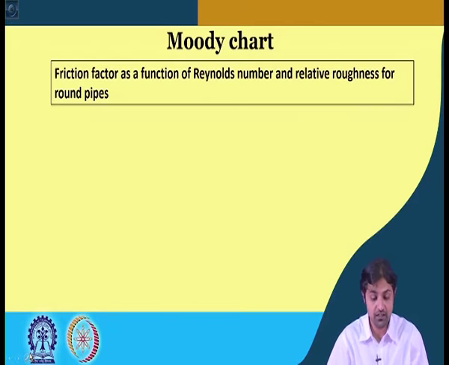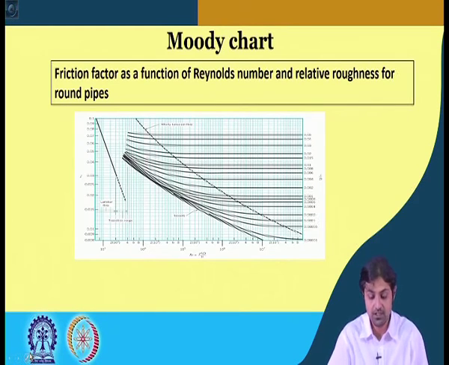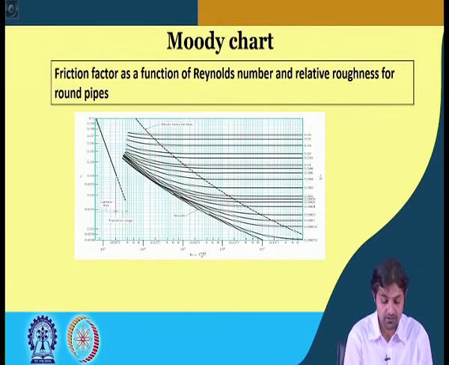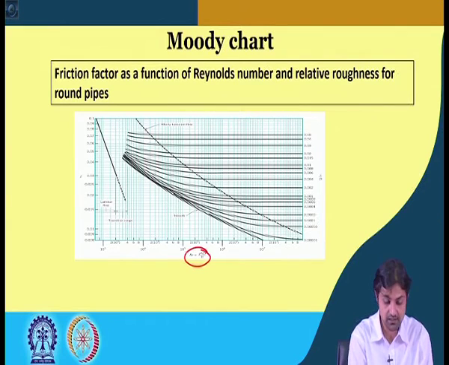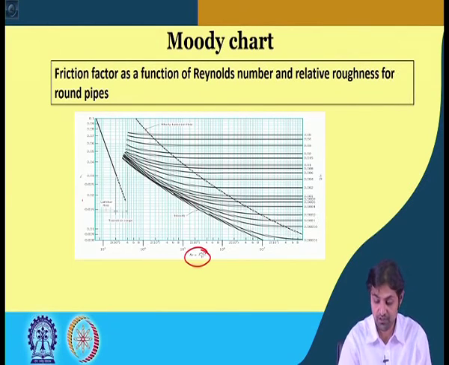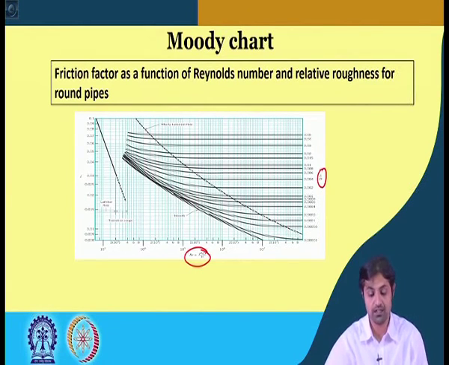Friction factor is a function of Reynolds number and relative roughness for round pipes, and there is a chart like this, where Reynolds number is on the x axis and F you can find out, and epsilon by d is plotted on the right. This is the oldest method of finding these Darcy friction factors.